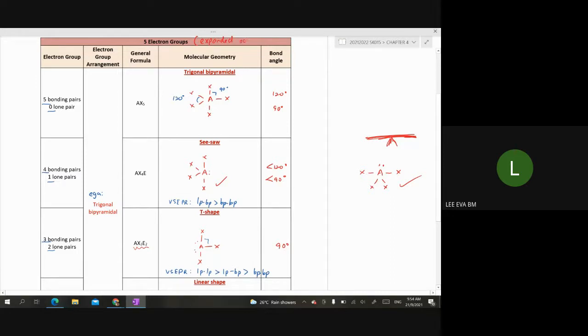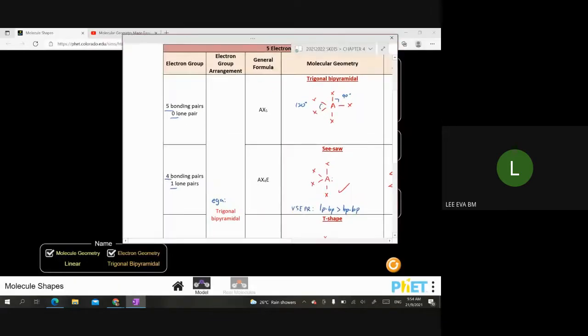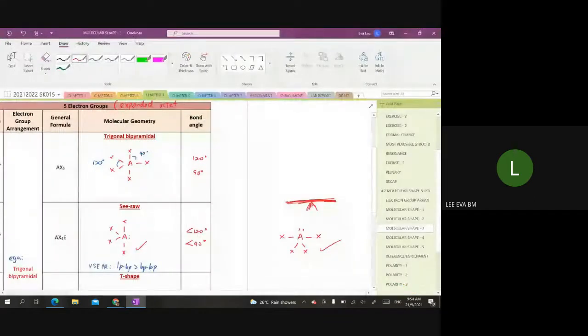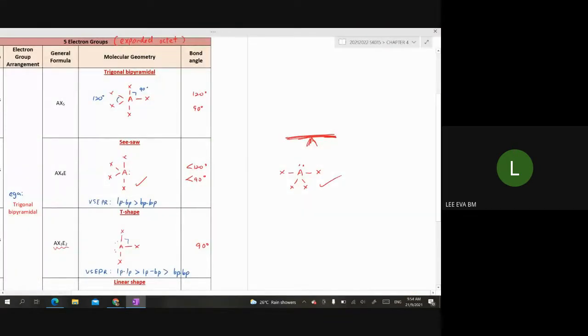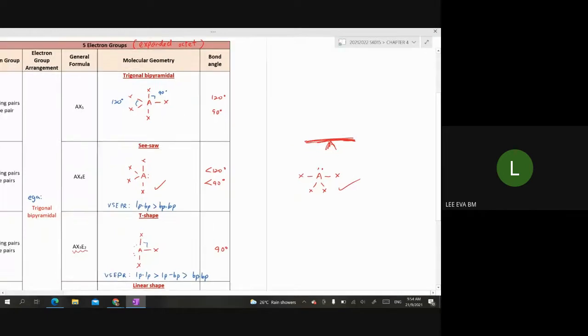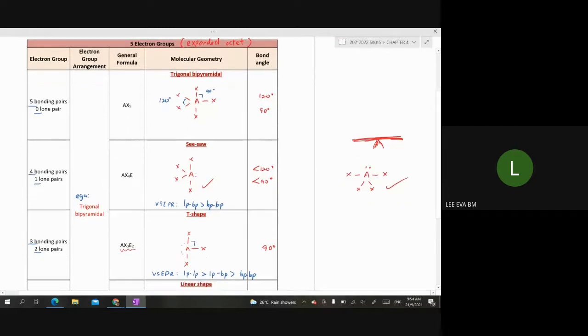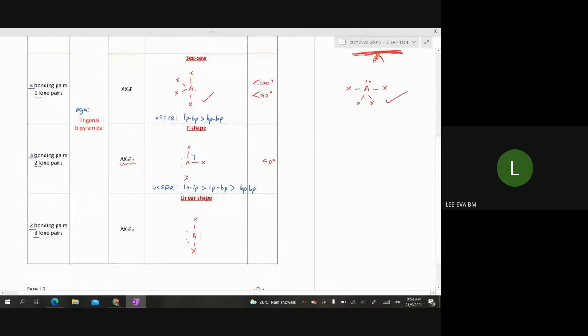For the element that is beyond period 3. Okay, expanded octet for elements beyond period 3. Period 4, period 5, period 6. Because the central atom now having more than 8 electrons. So now the bond angle 180.